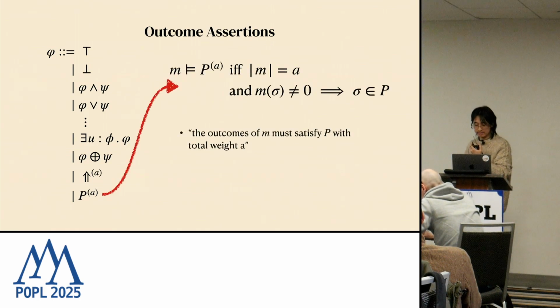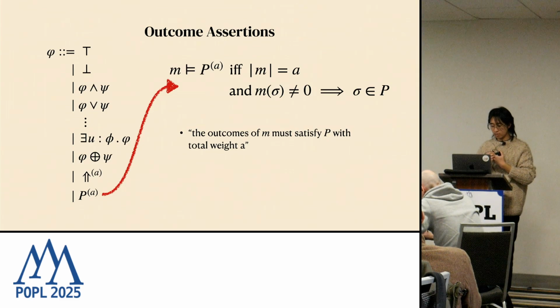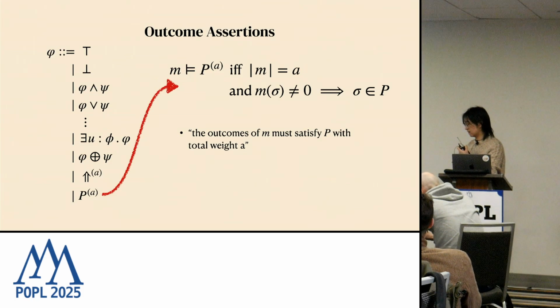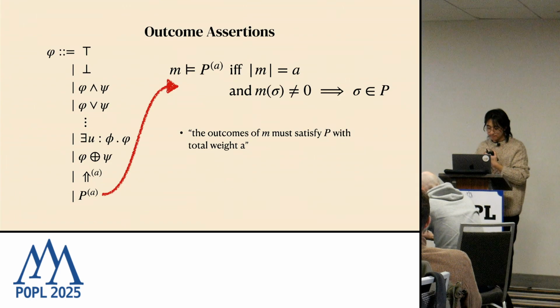So to get an example of these new assertions that we introduce, let's first take a look at this bottommost primitive assertion, where you can think of P as a program property specifying a set of program states in which the property may hold.